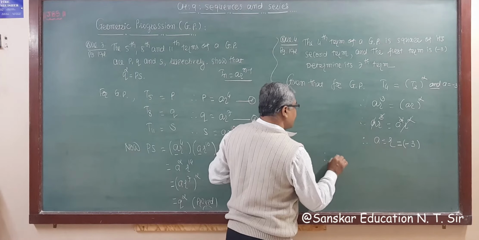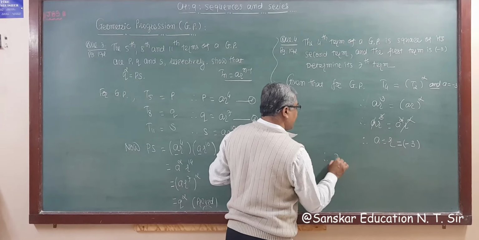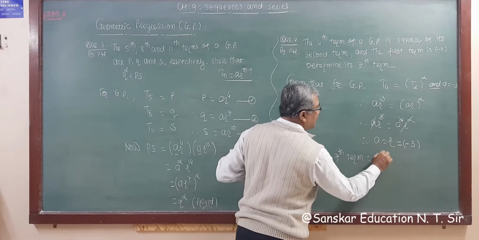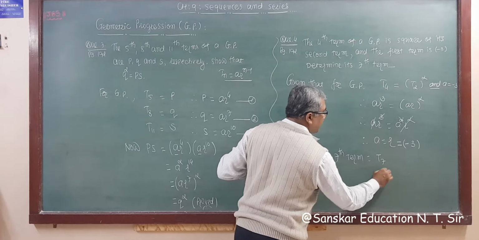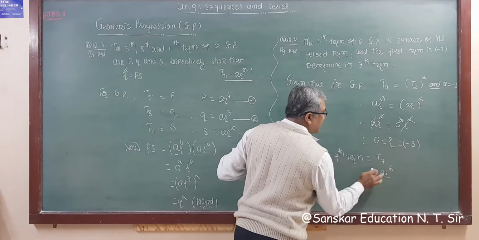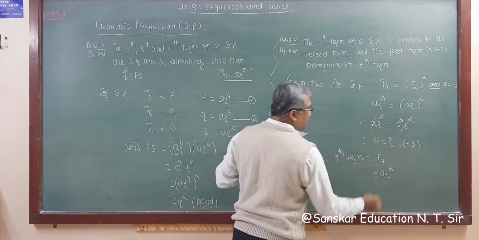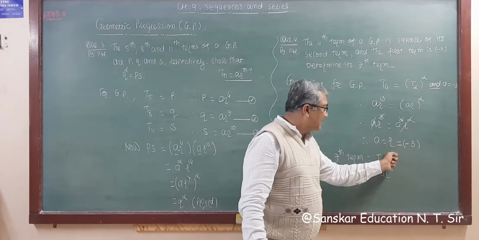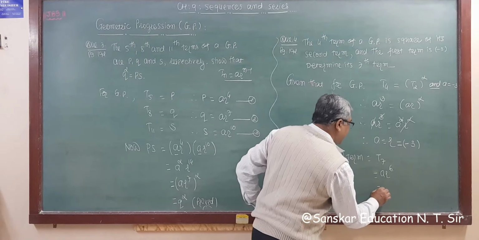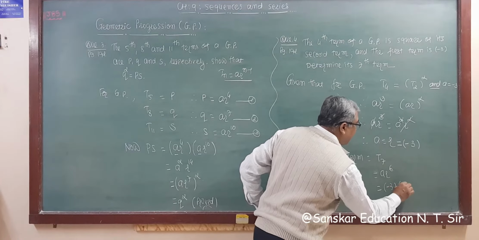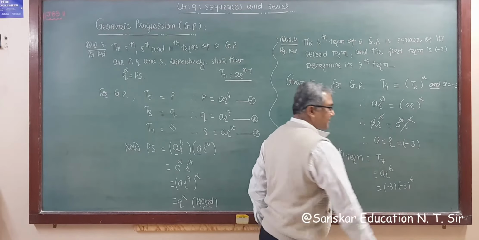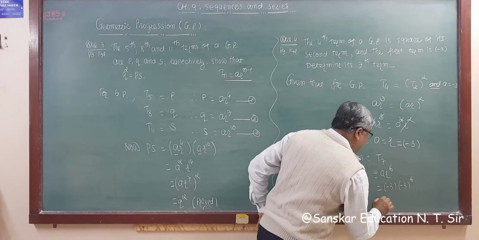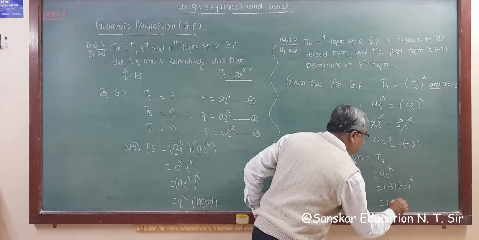Therefore the seventh term T7 is equal to A R raised to 6. Now A is minus 3 and R is also minus 3, so we get minus 3 raised to 6 times minus 3, that is minus 3 raised to 7.